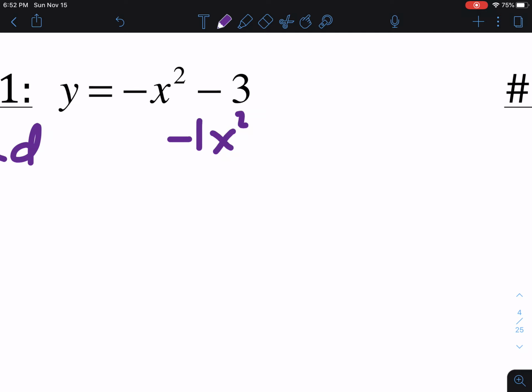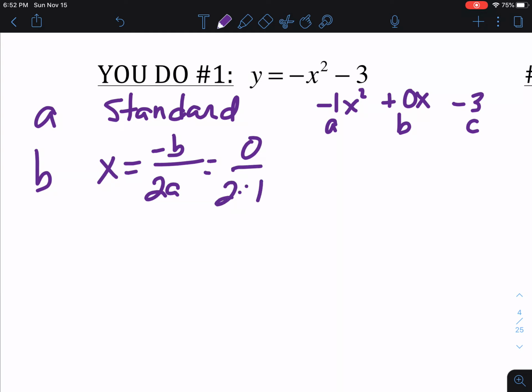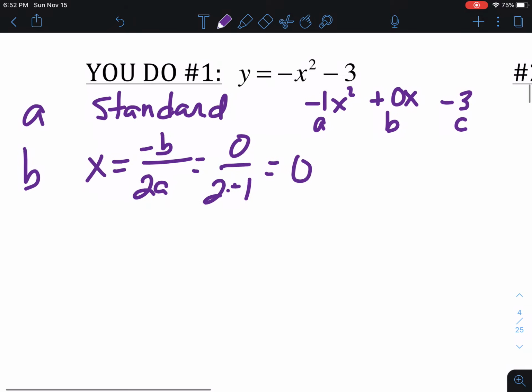That's the c. So a is -1, and -3 is the c. There is no b, so that's like saying plus 0x. So the b is 0. So for our formula, x equals -b divided by 2 times a, that would be 0 over 2 times -1. And whenever the b is 0, the x coordinate's going to be 0.